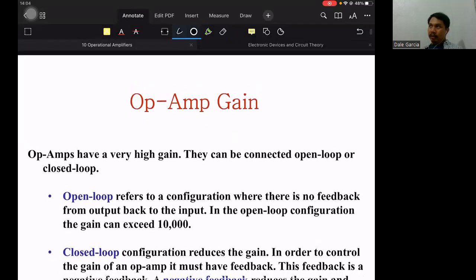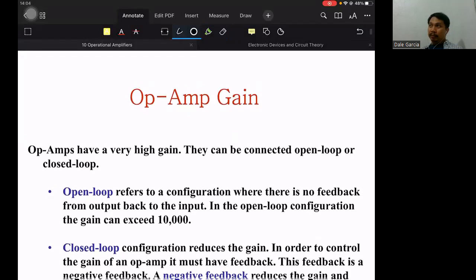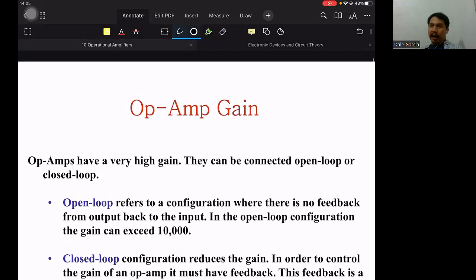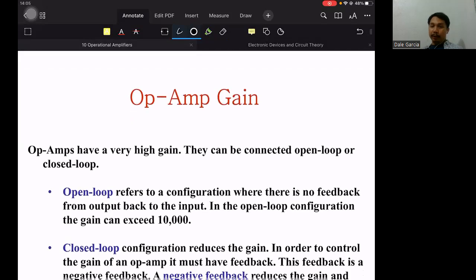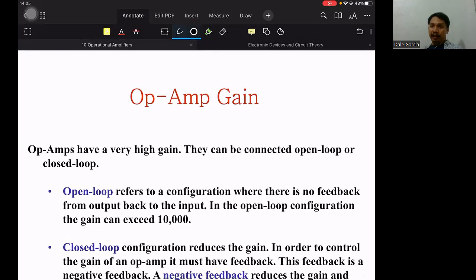Even kung yan naman galing, dili na to ma-control pod, no? We cannot control the output of our op amp because ang nag-influence na noon sa output sa op amp is ang voltage supply, ang maximum voltage supply, no?